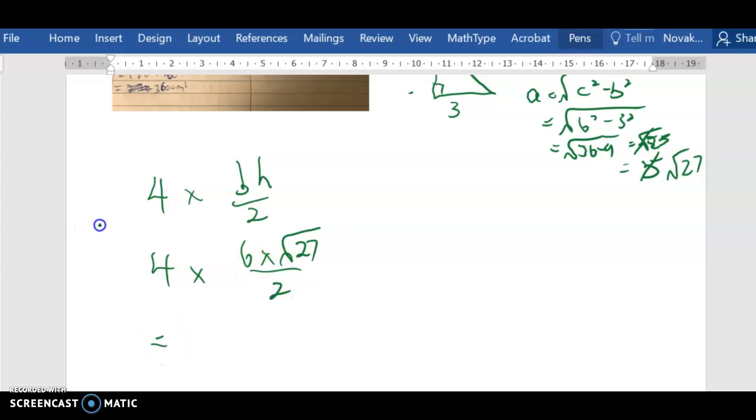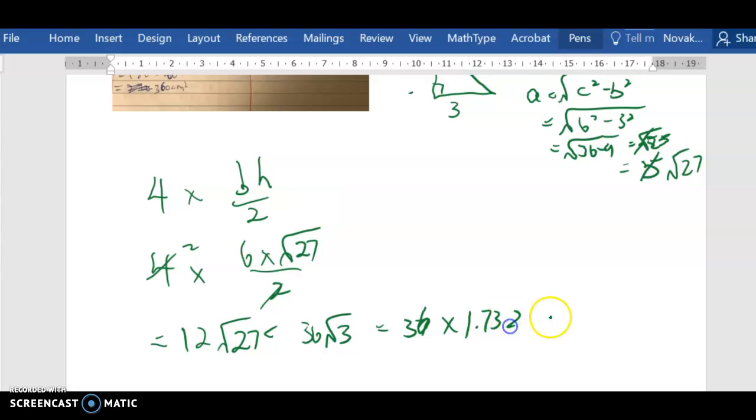And so we end up with the 2's cancelling out, and we have 12 root 27, which is equal to 36 root 3, which is equal to 36 times 1.732. And you can work out the answer to that. So that was the trick to this question.